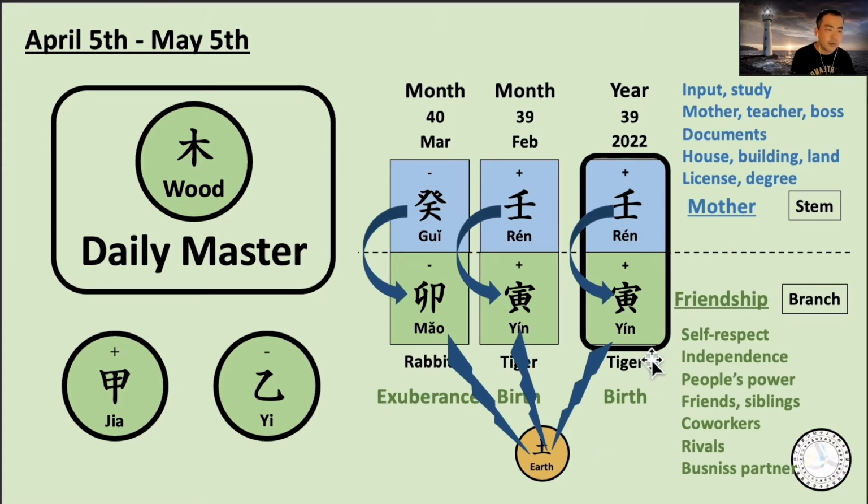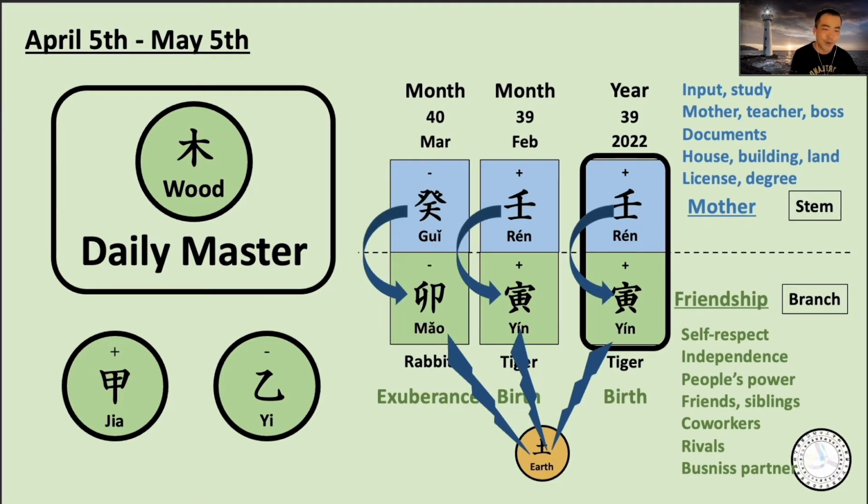And this kind of people's gathering can happen because of the desire for the Wood Daily Master to get the resource, get the mother spirit, to buy a house, to buy a building, to buy a land. I want other people's power. 3 people together or 5 people together. We buy the document together, and that could happen.